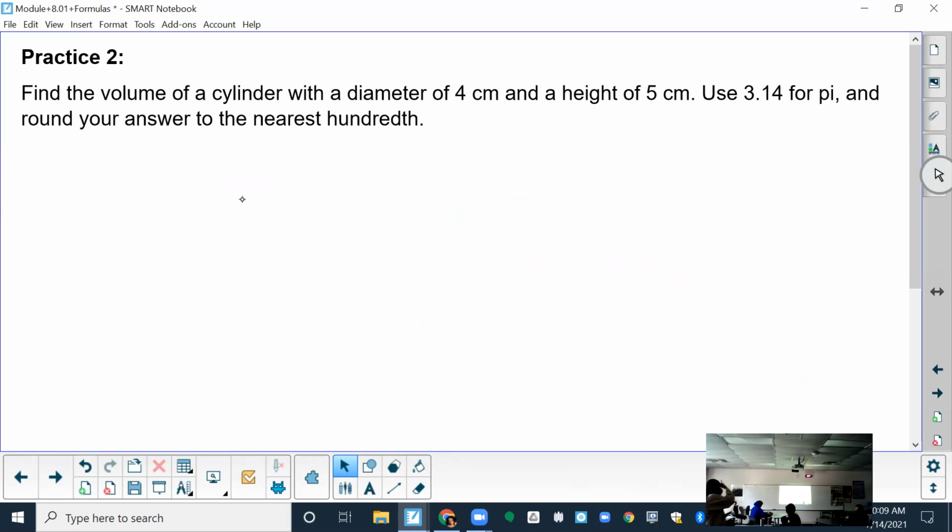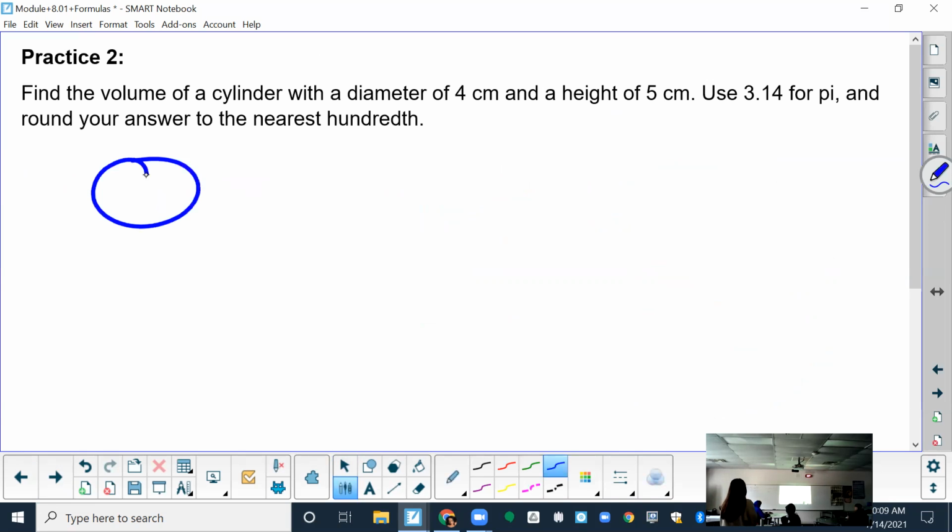Practice 2, we have the volume of a cylinder. I'm going to draw the cylinder to help me with that. Looks something like this. The volume of a cylinder with a diameter of 4 centimeters. Does diameter go halfway or all the way across? All the way across.